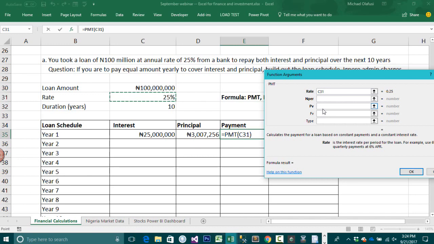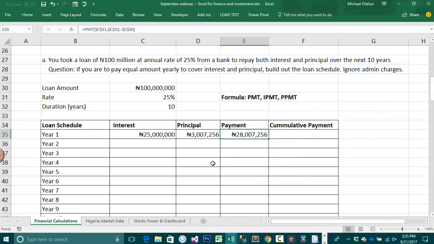This is the rate. The number of periods, this is the number of periods. And okay, what did you borrow? So you borrowed this amount, and again, you're going to pay back everything. You pay back at the end of the period. Okay, so are you okay for that?